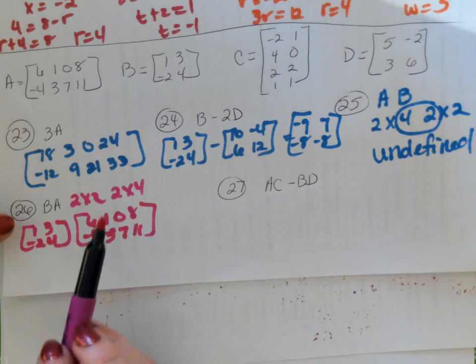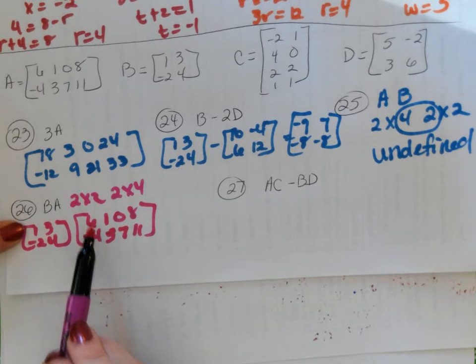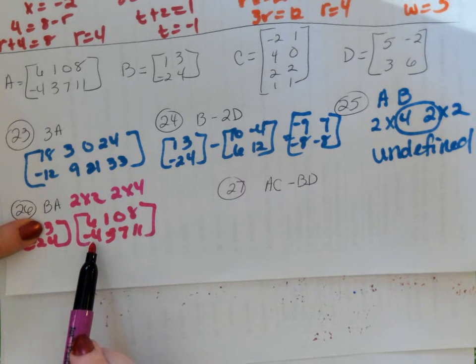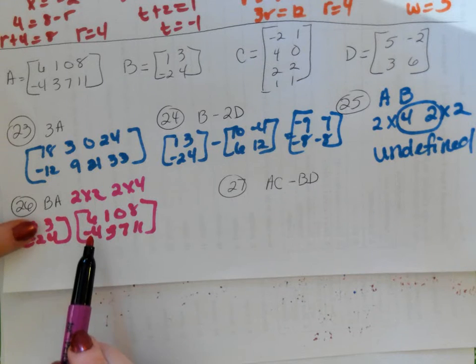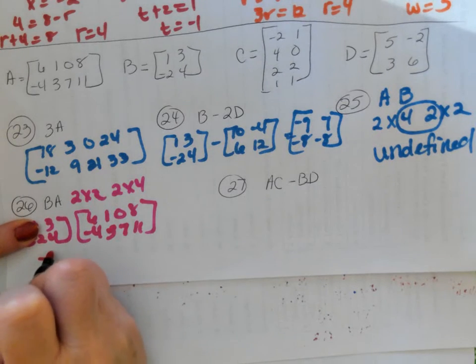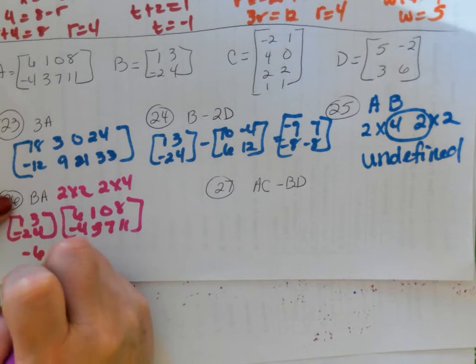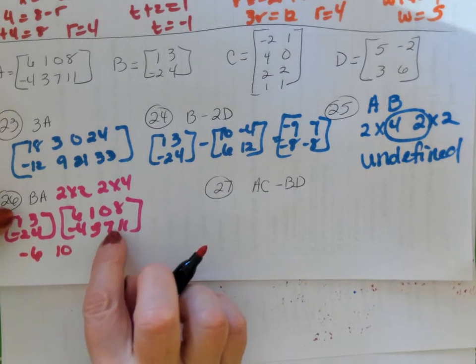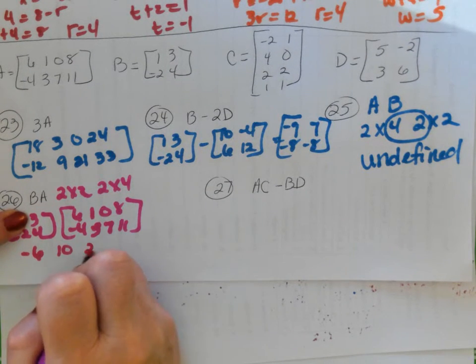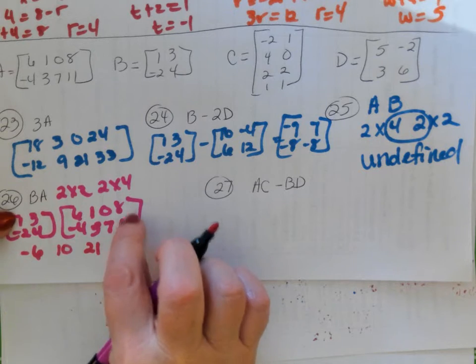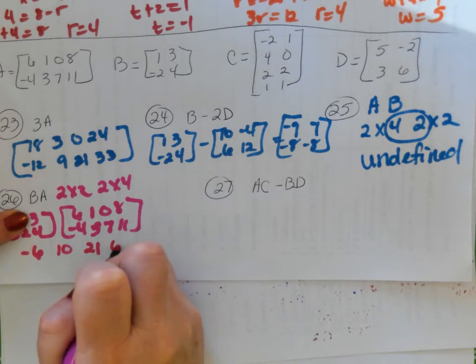Okay, so it's row times column. So 1 times 6 and 3 times negative 4. So 6 minus 12 is negative 6. 1 plus 9 is 10. 0 plus 21 is 21. 8 plus 33 is 41.